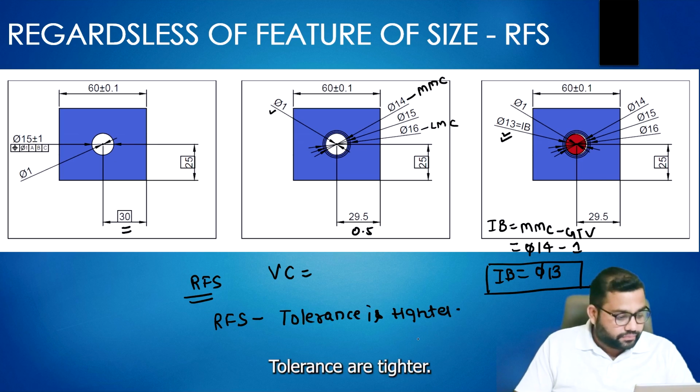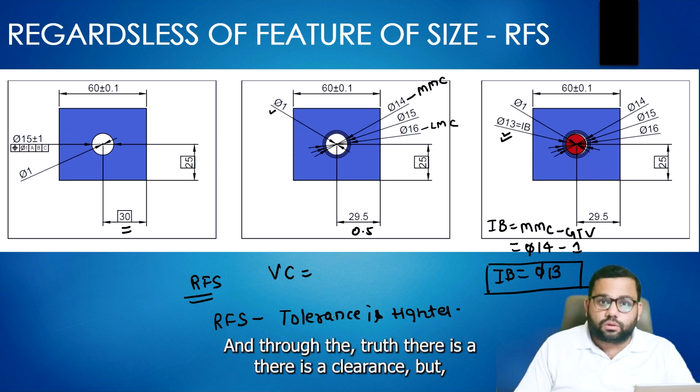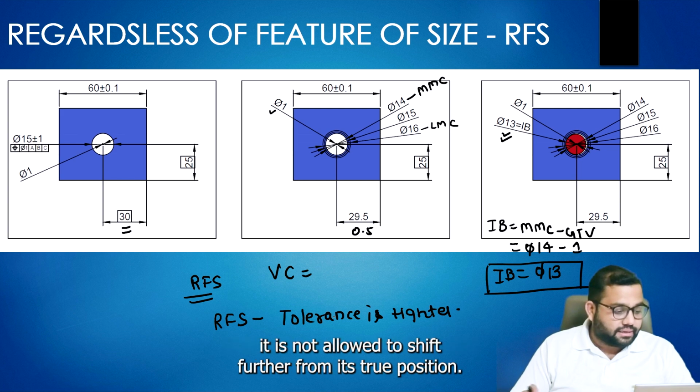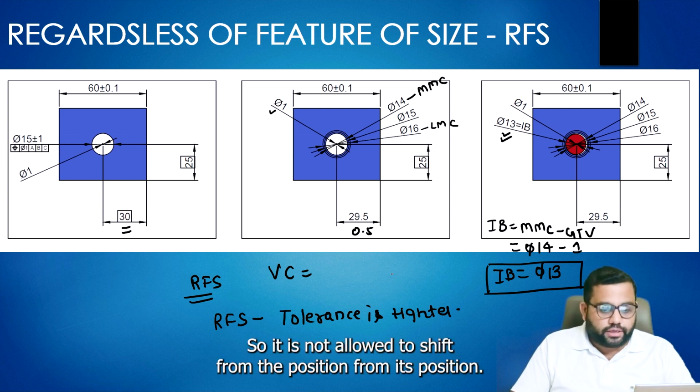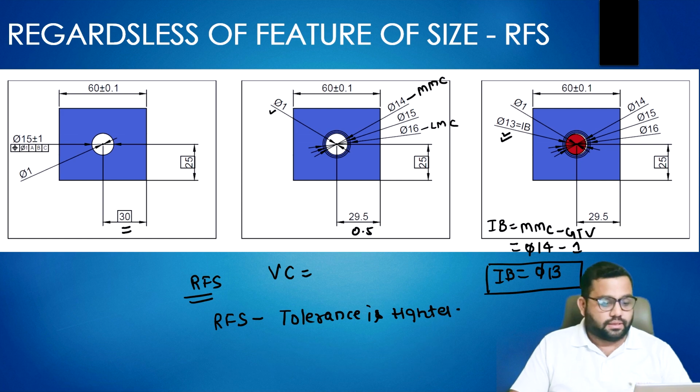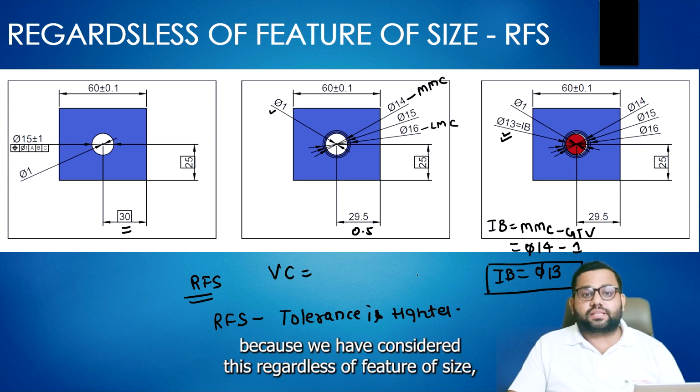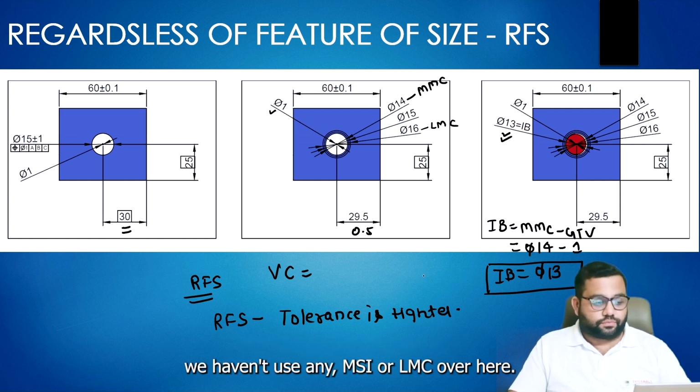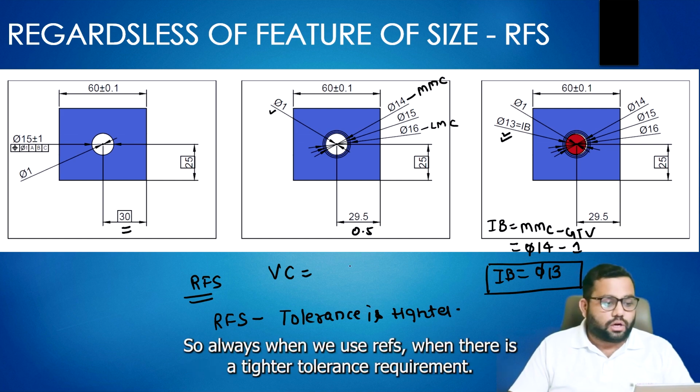Though there is a clearance, the part is not allowed to shift from its true position, because we have considered regardless of feature of size. We haven't used any MMC or LMC over here. Always when we use RFS, there is a tighter tolerance requirement.